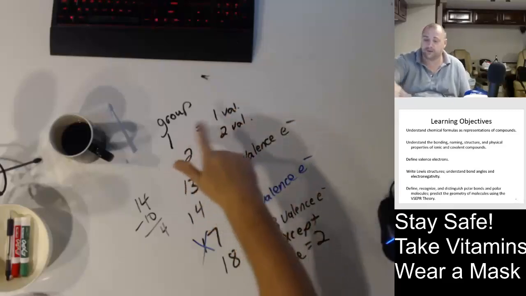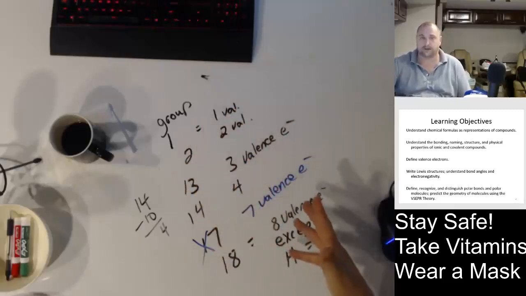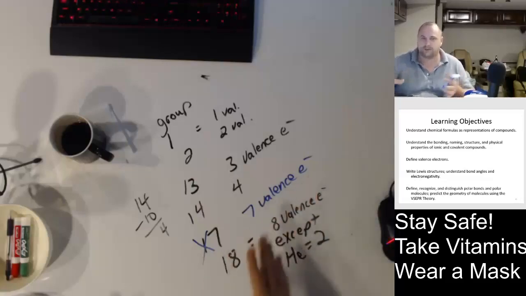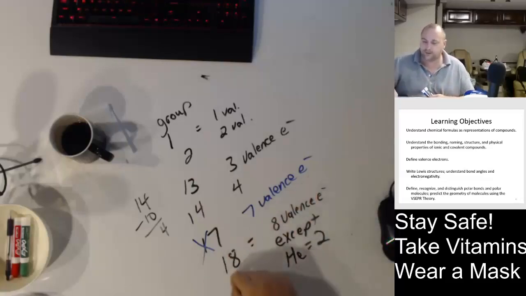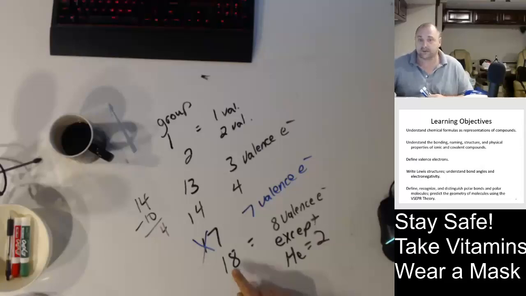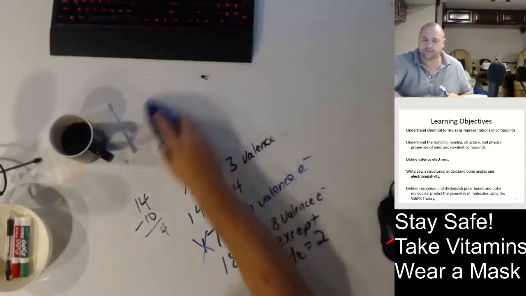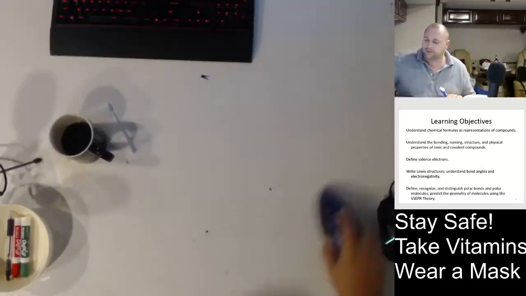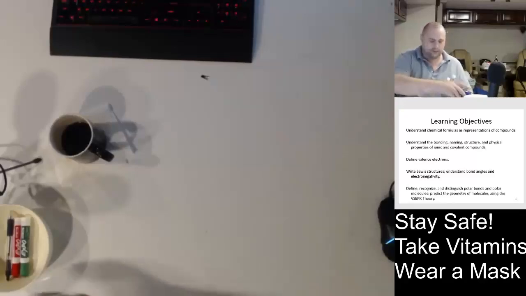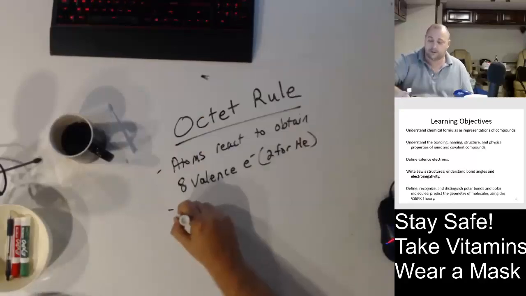All right. So a lot of stuff going on here. What we can judge by this is say everything's trying to get to the noble gases, group 18, which has 8 valence electrons except for helium. All right.